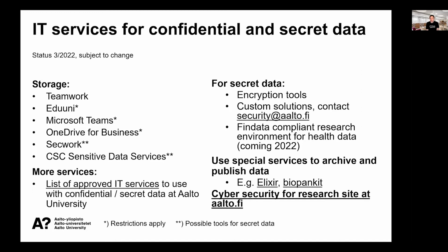And for archiving and publishing this kind of data, there are special services, for example, Elixir, biobanks, and even the data archive, FSD, may accept some special data, but they would require anonymization, but they can also help with that. So this archive is good to contact in advance if you have in mind archiving something confidential there.